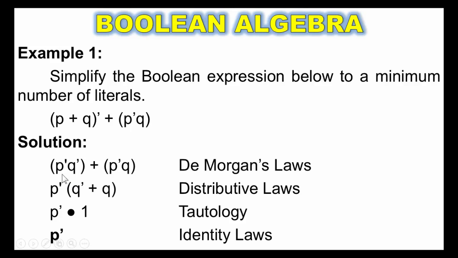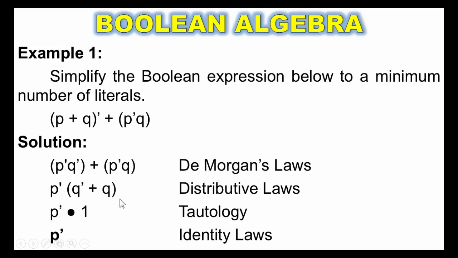We have not of P here and not of P here, and they are connected by the main logical connector OR. Therefore, we can apply the distributive laws. So, we remove not of P from this term, and then we get the and, and then we combine not of Q or Q.